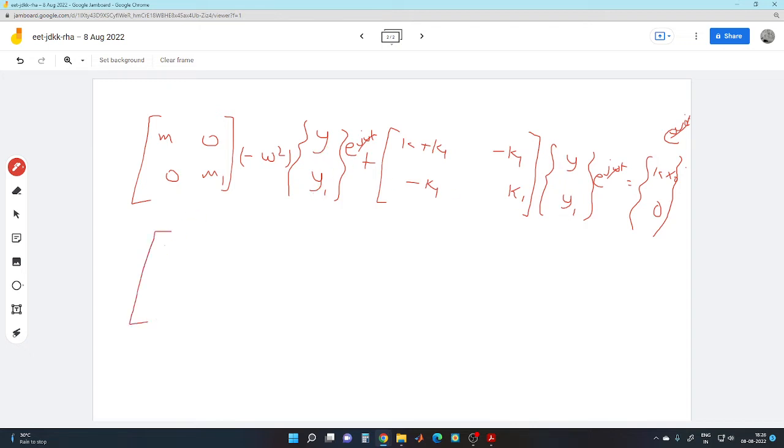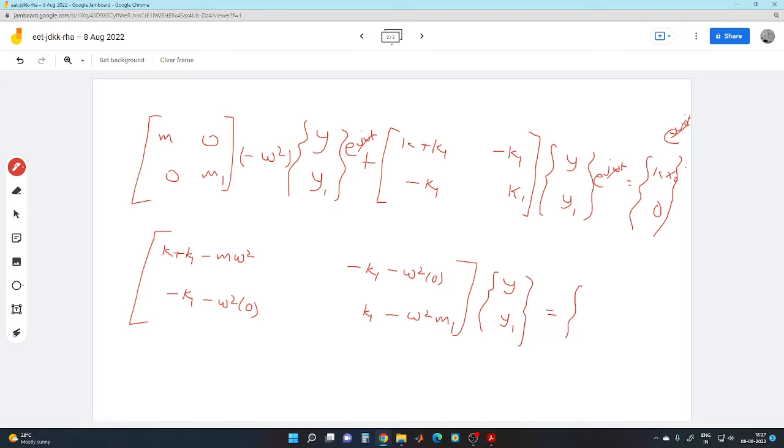So this final matrix will become k plus k1 minus m omega square, minus k1, minus k1, and k1 minus omega square into m1, and this will be multiplied with Y and Y1, equal to k x naught and 0.